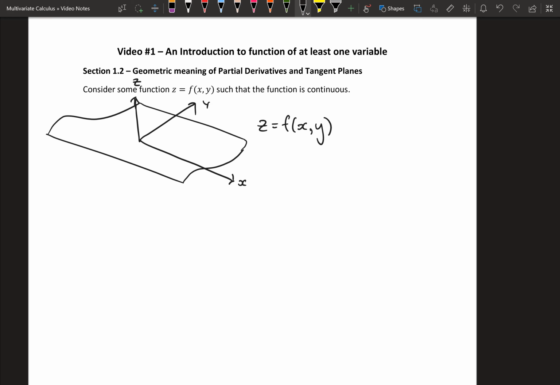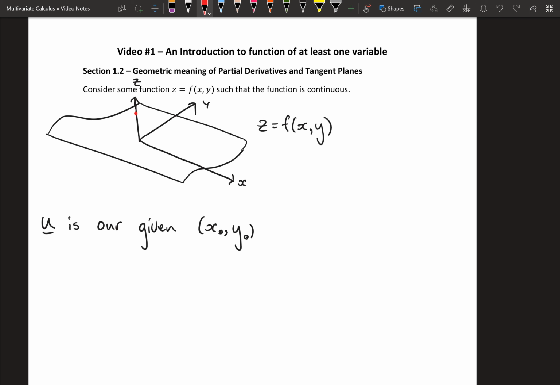Now, we need to have a given point to find the tangent plane. So let's say u is our given point, x naught, y naught. So just a particular point. And that is going to be, let's say, this height, for example.